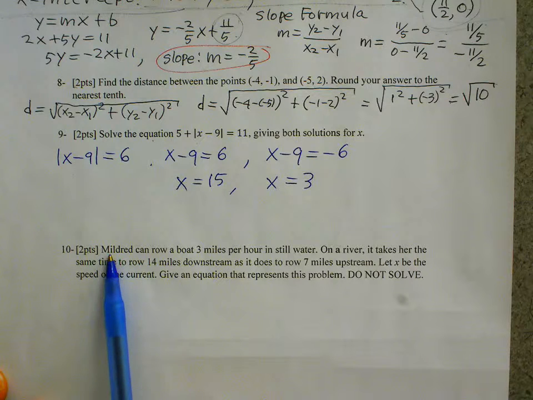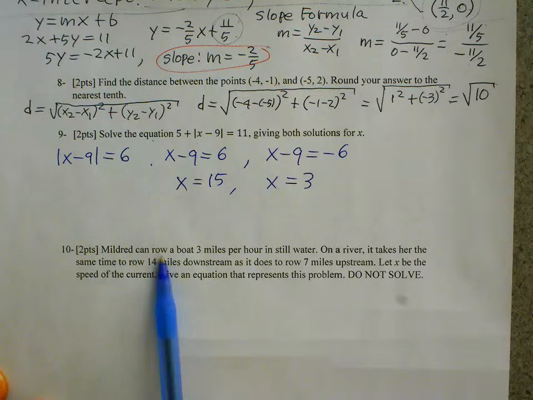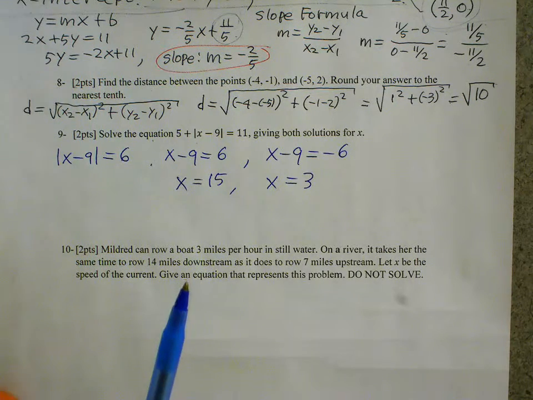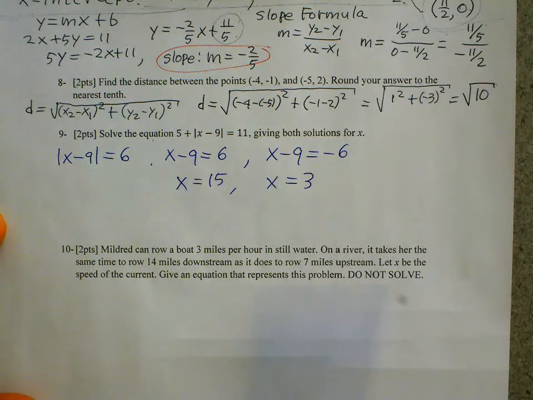Okay, so let's reread this. Mildred can row about 3 miles per hour in still water. So Mildred is like a machine. She just always rows at 3 miles per hour. On a river, it takes her the same time to row 14 miles downstream as it does to row 7 miles upstream.